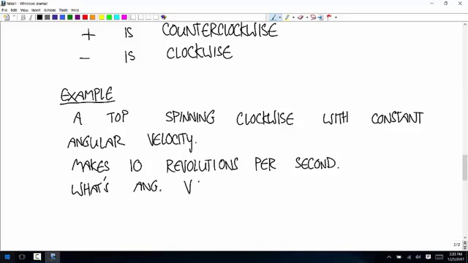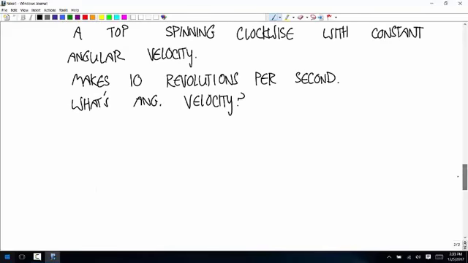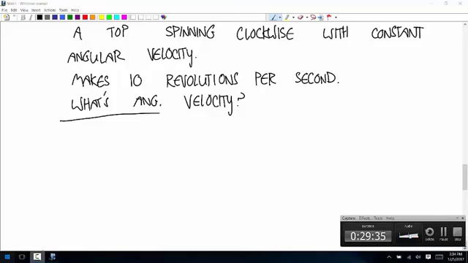What's the angular velocity? So actually, let's take a minute and why don't you try to do this together? And after I give you a few minutes, I'll go through it. Let's see if you can.